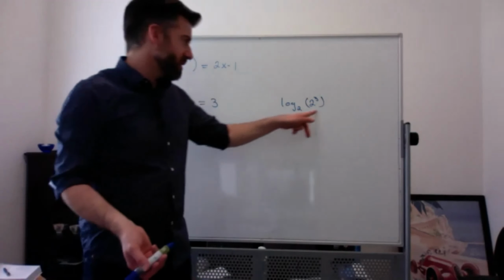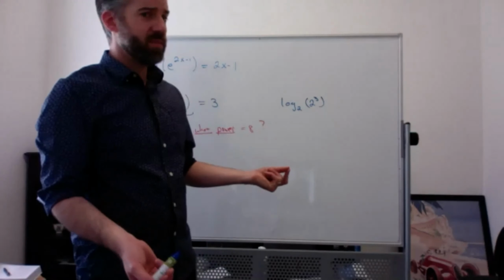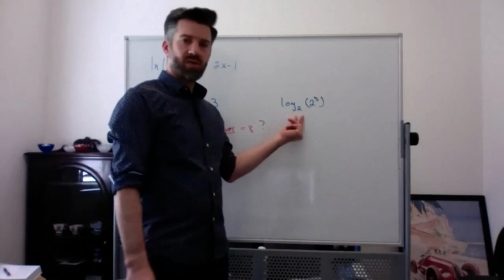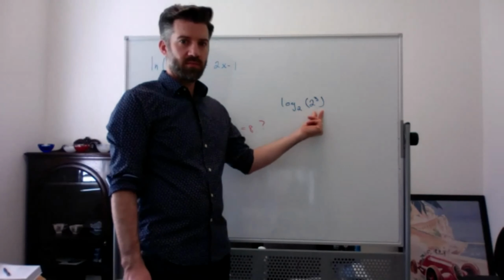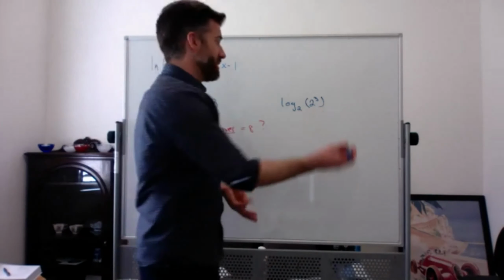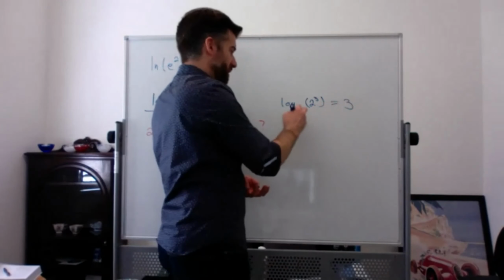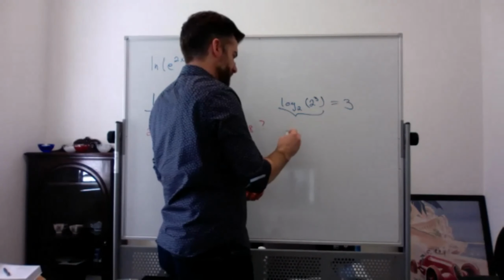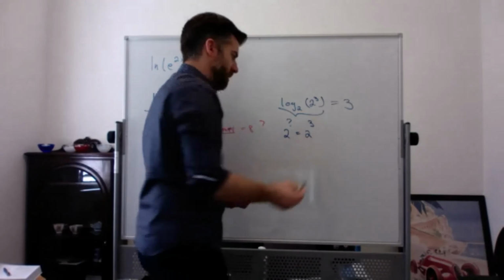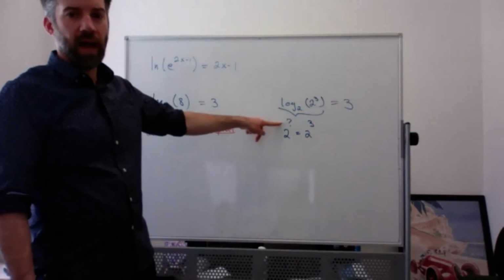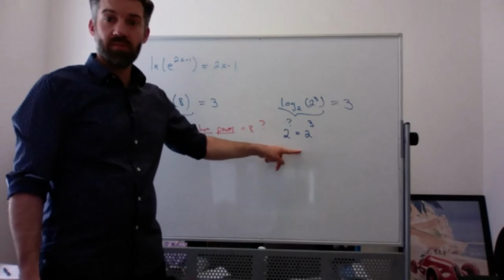So when I read this, it's going to sound kind of dumb, but I'm going to ask the question, 2 to what power equals 2 to the third power? Well, the answer is pretty obvious. It's still 3. The power there has to be 3 so that these two things are equal.